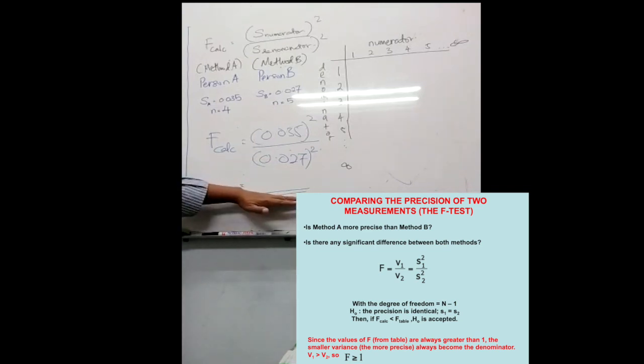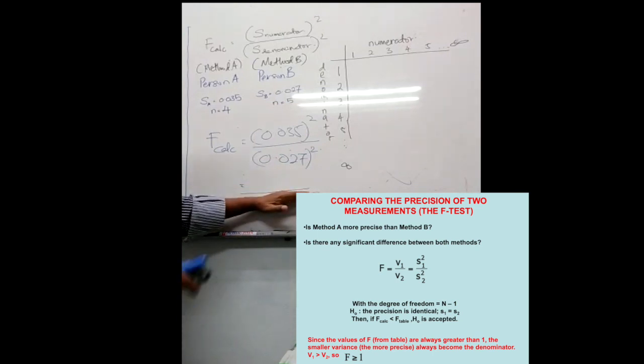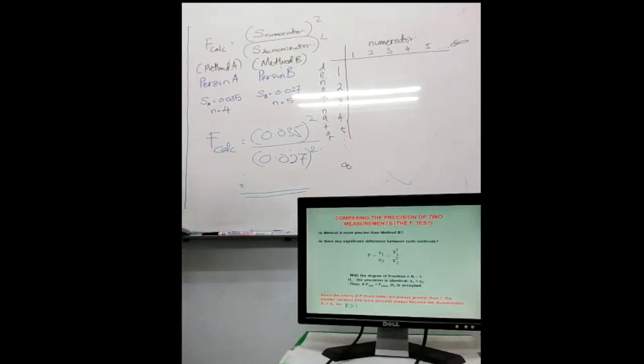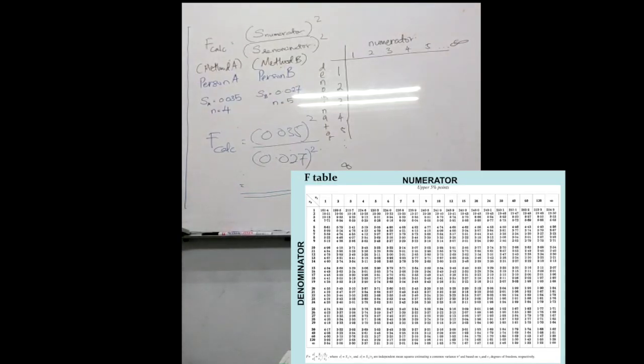And then we compare with the F table. Now how to compare with the F table? If you look at the F table here, we have the denominator here and the numerator there. So what is the F table value?